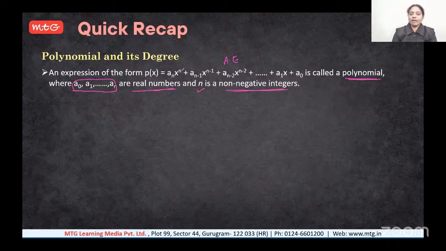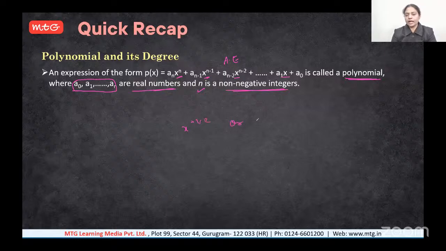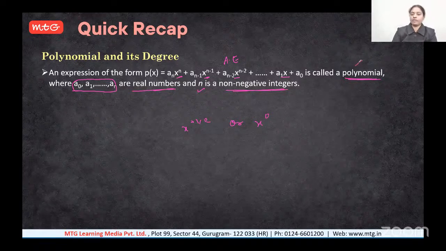That is, the power of x in this polynomial, whatever the term could be, should be either positive or power 0. It should never have a negative power for the variable. Then such an algebraic expression is said to be a polynomial. It's as simple.